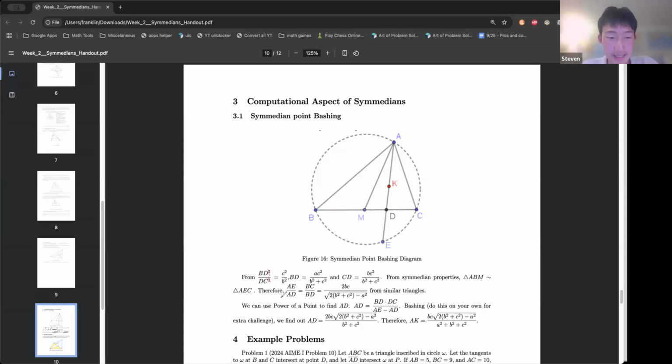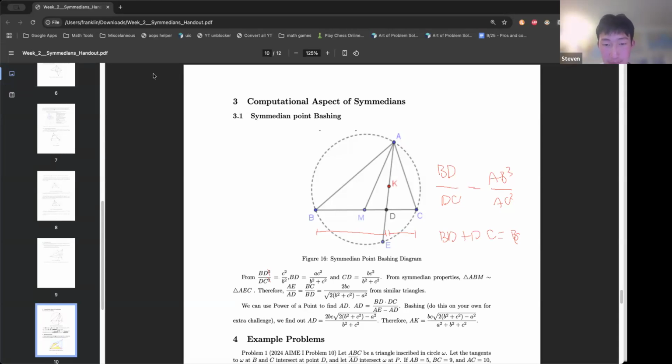We know the ratio of BD over CD in terms of B and C, and we know BD plus CD is just BC, which is A. So we can solve for BD and CD: BD equals A times C squared over B squared plus C squared, and CD equals A times B squared over B squared plus C squared. Does that make sense so far? Because I promise you, it's only going to get more complicated rather than simpler.